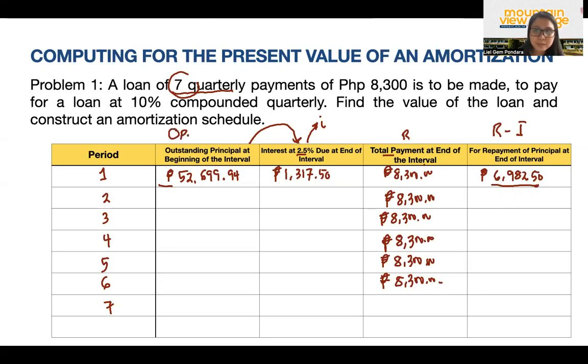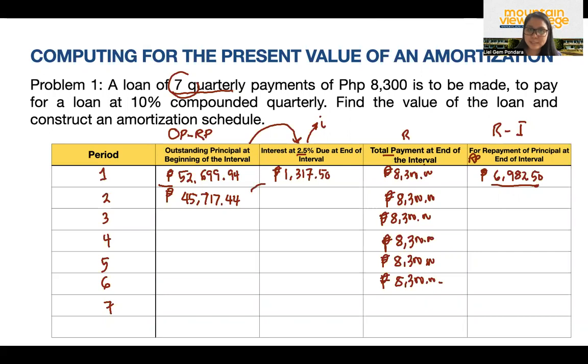Outstanding principal minus repayment of principal. We call this RP. So we have 52,699.94 minus 6,982.50. So after the first quarter, your balance will be 45,717.44.